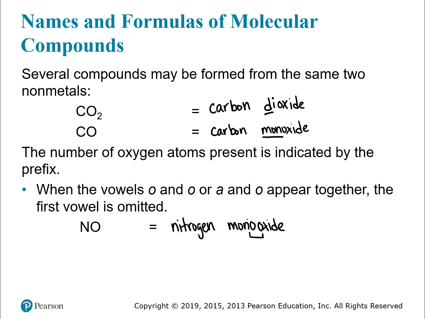That OO, no. OO is no. So it's nitrogen monoxide. The other example would be if you had something like this. For the oxygen part, 5 is penta, but we don't write pentaoxide. You get rid of the A for pentoxide.